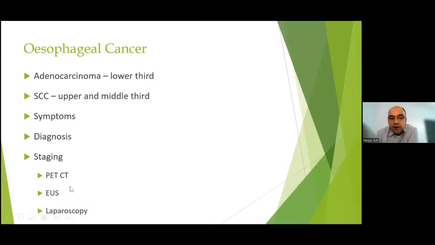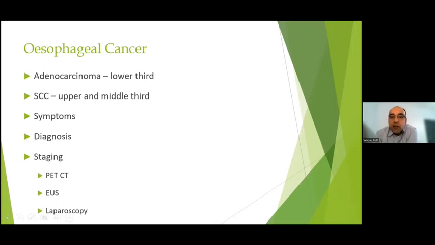EUS: most units will do an EUS to see the local staging. EUS will determine how deeply the tumor is invading, whether it is T1, 2, 3, 4, and it can also determine the local nodal status. As you know, the staging of the tumor, the T, N, and M status, will then help us decide what treatment options a patient might have.